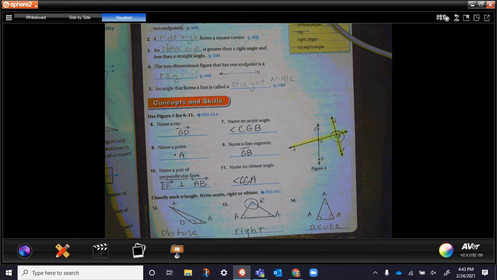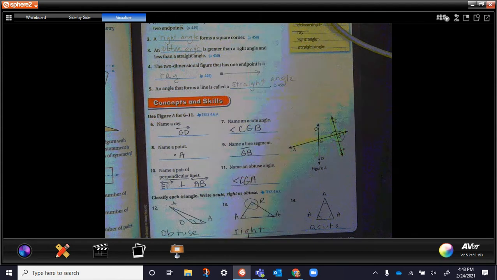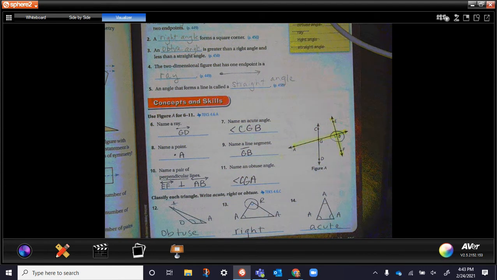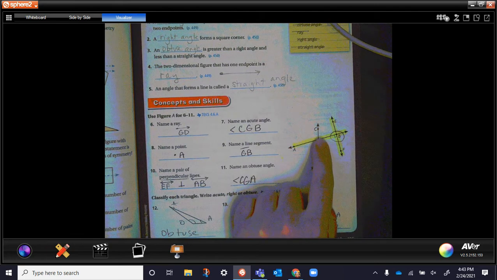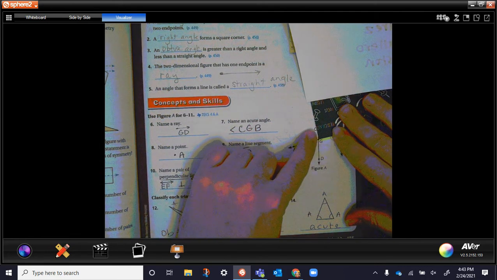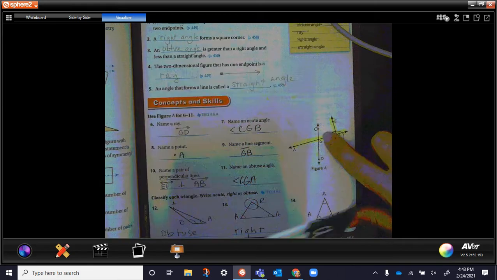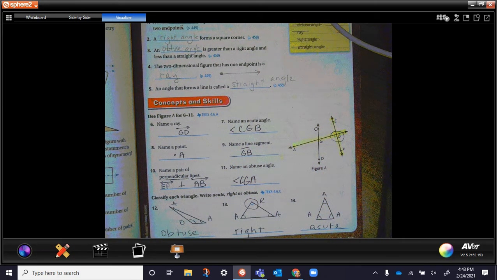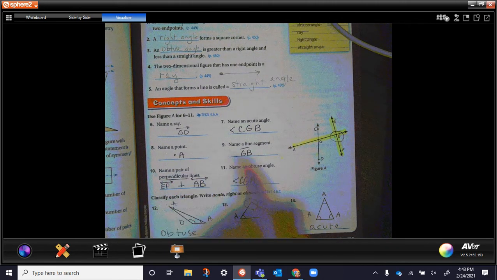For example, looking at CGB, if I line up the corner with that bottom part, I can't see the top ray. So that's acute. If it were sticking out, it would be obtuse, and if it lined up perfectly, it would be a right angle.